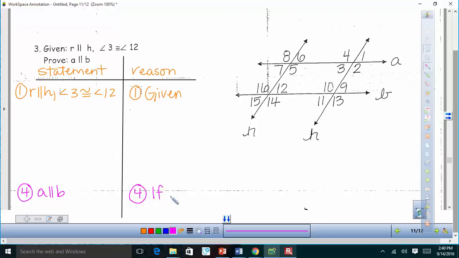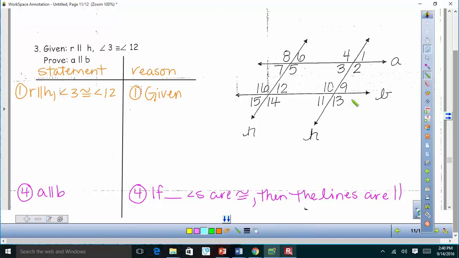So if blank angles are congruent, then the lines are parallel. Okay, so now we're going to go back up to the information and see what it tells me.